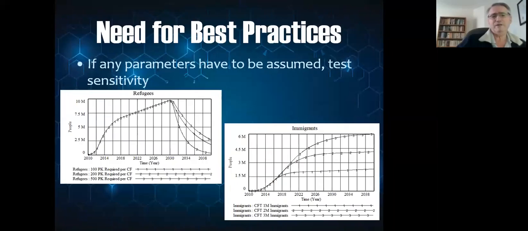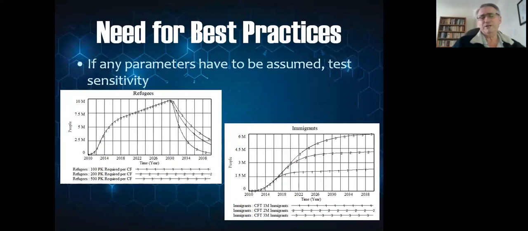So here's two examples of what I've done with testing the sensitivity of immigration levels and refugee levels in the future. So I have data up until 2018, and then I change various levels of immigration in the bottom right-hand corner graph and show the impact on the number of immigrants being accepted to different countries.